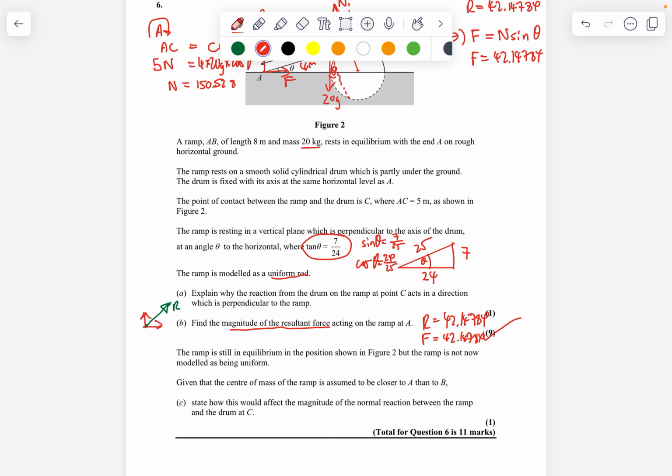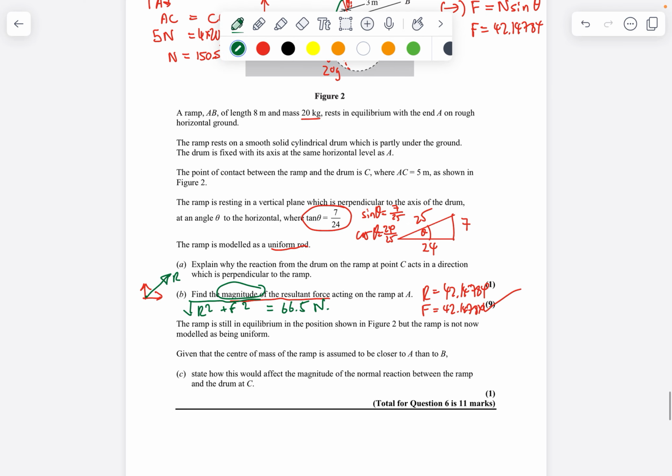So how do I work out my resultant? Well, my resultant is the square root of R squared plus F squared. And when I work that out, I get 66.5 newtons. Literally, because remember when we see magnitude, we always think basically about squaring, like the Pythagoras.